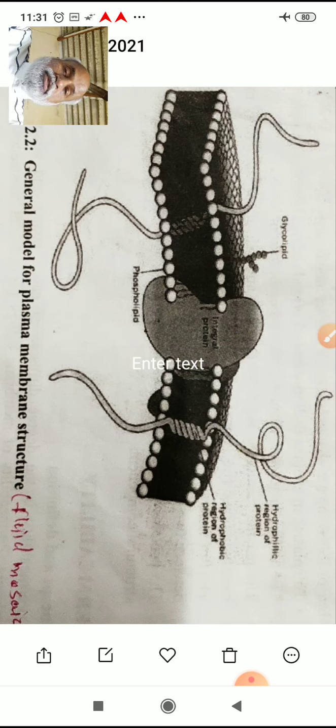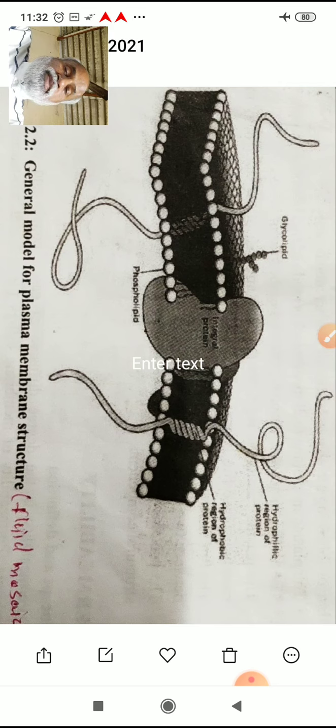So this acts as a boundary and it allows some things to come in and some to go out, means it has the ability to restrict and allow some of the things, and accordingly we call it a selectively permeable or semi-permeable membrane.